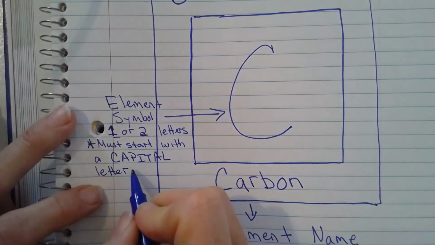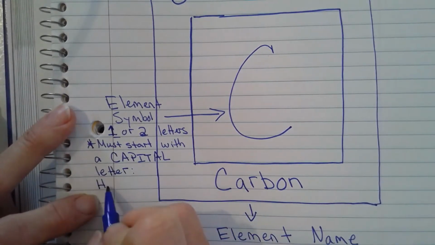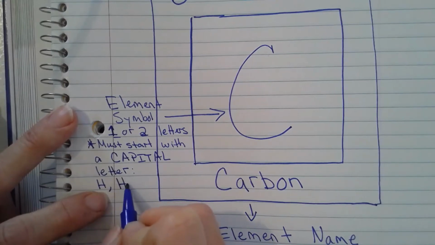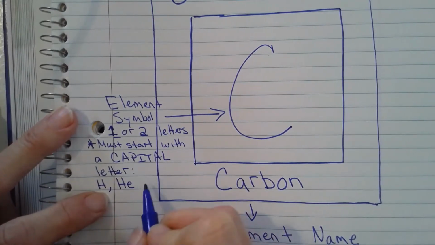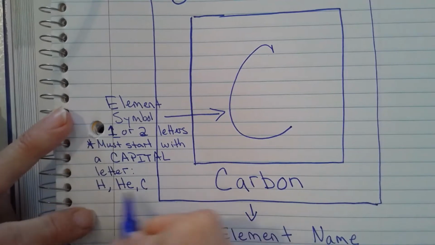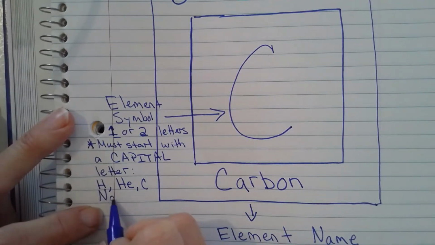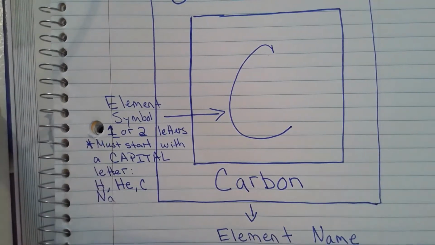So for example, you'd have H for hydrogen, but He would be helium. C is for carbon, but Na is sodium.